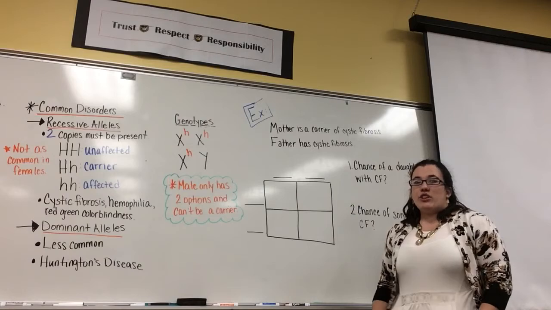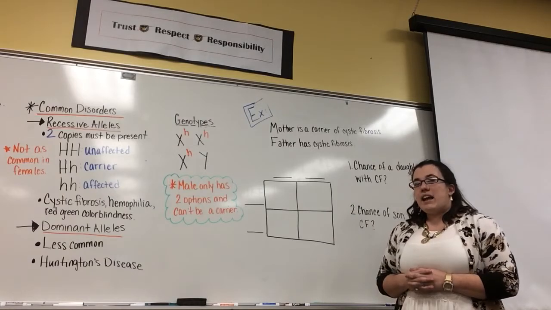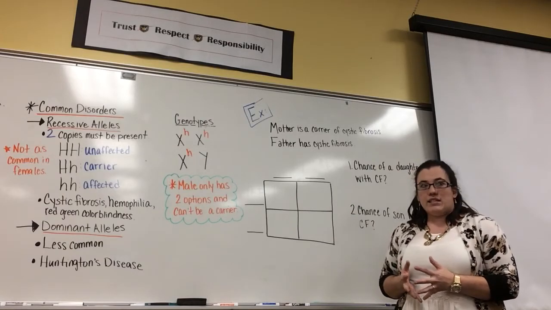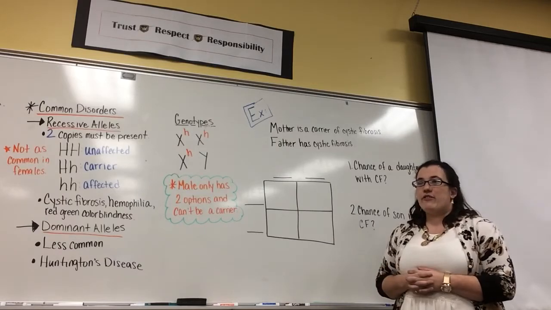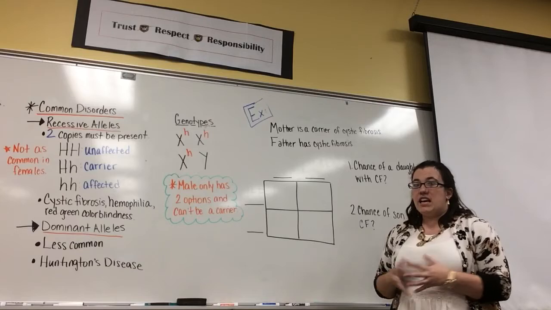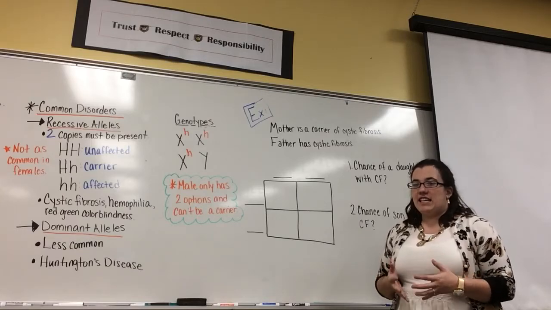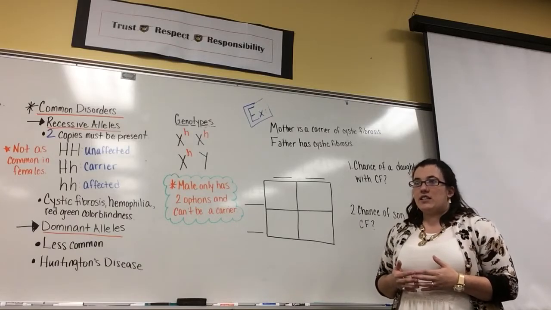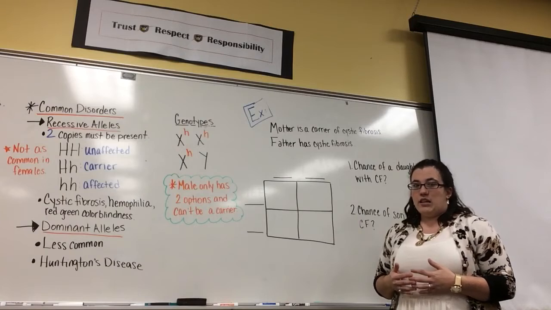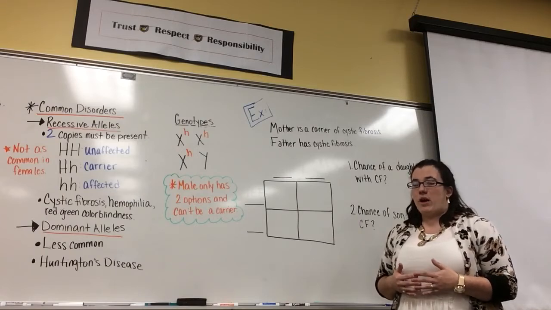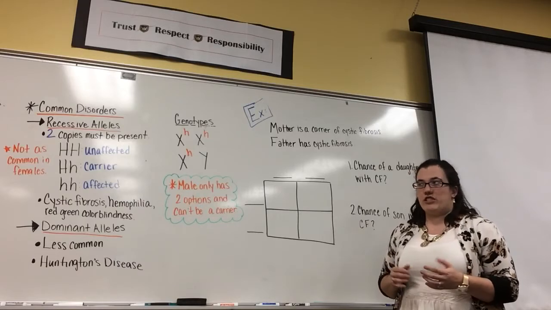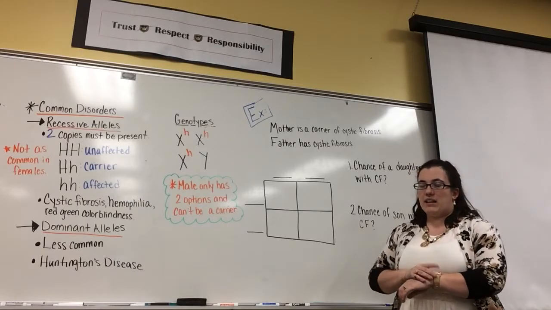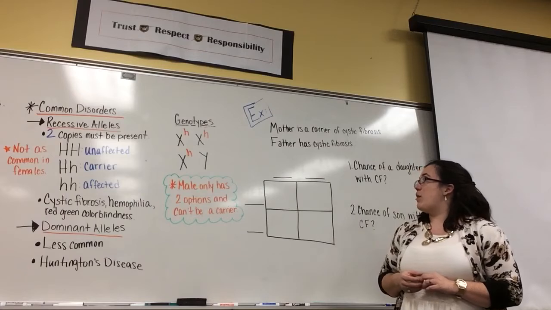So a lot of disorders that boys have and their fathers don't have, they don't get it from their father. A son cannot get an X-linked genetic disorder from his father, because the father always gives the Y chromosome for them to end up being a boy. So that's kind of an interesting thing, and we'll talk about that a little bit more in a moment.